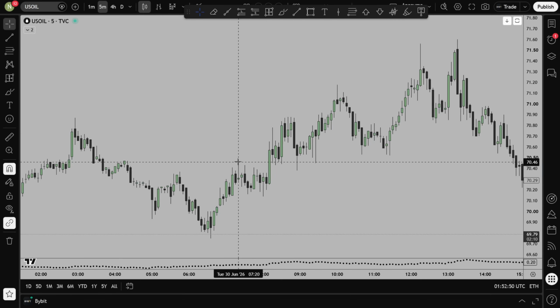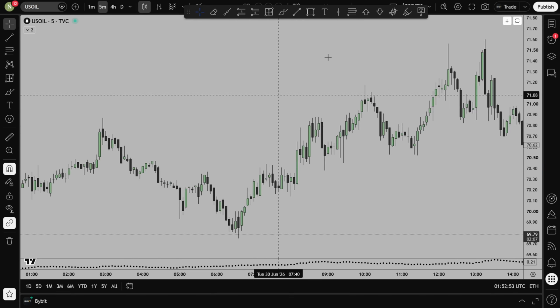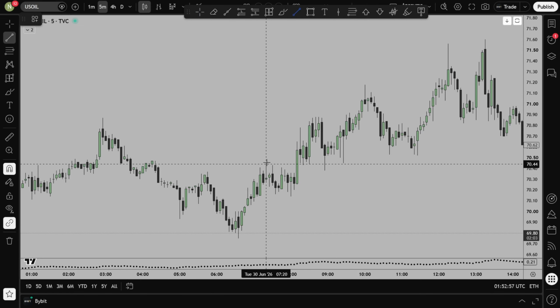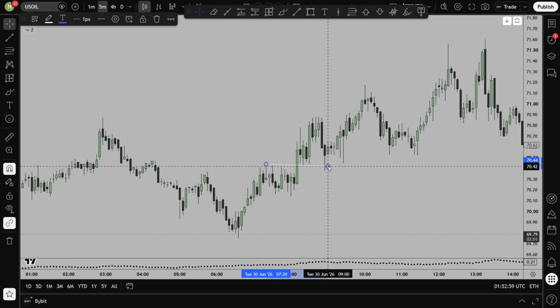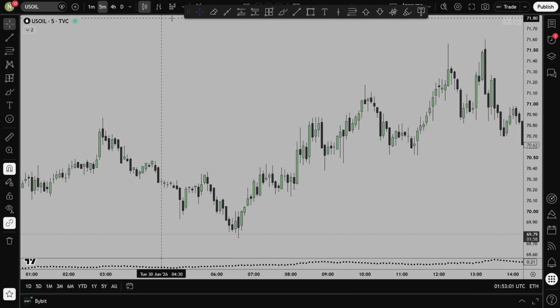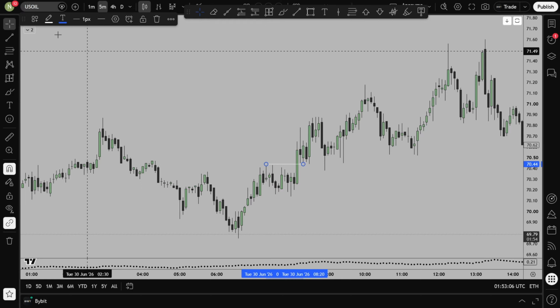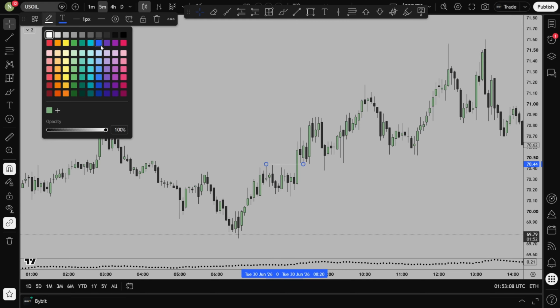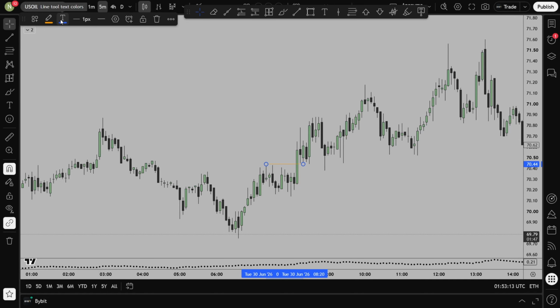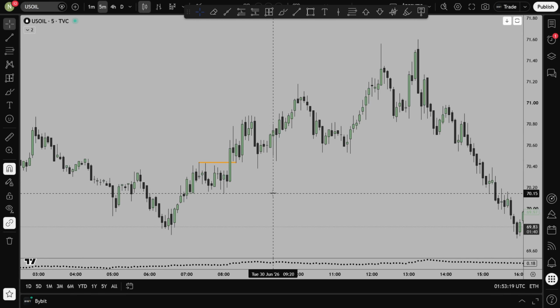Let me redo it so it will be straight. Okay, great. So let's change the color. Maybe this is not visible enough. Let's use the colors that we used on the whiteboard.